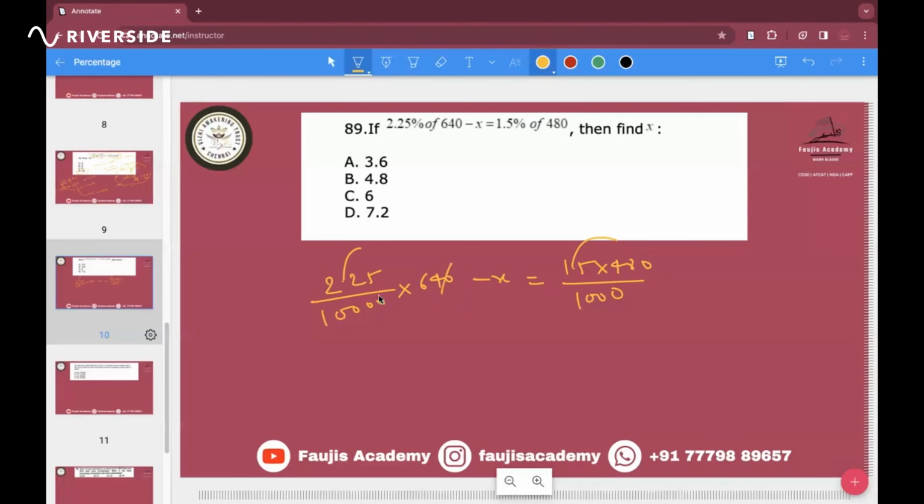Solve it, guys. Tell me what is the answer.